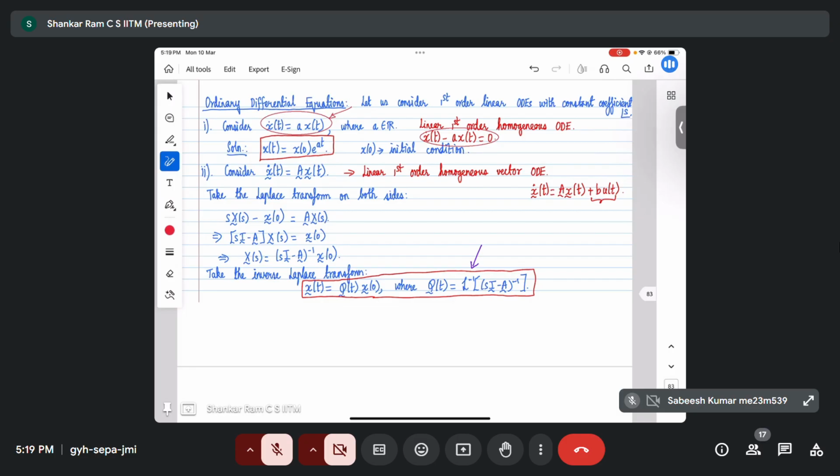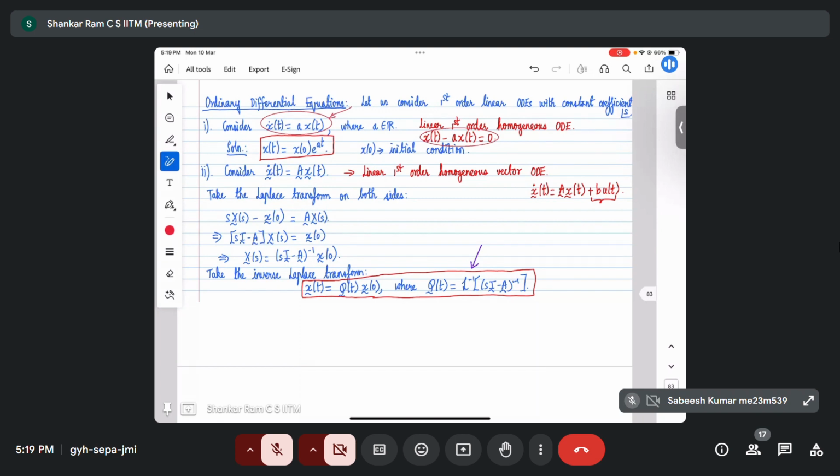In fact, the correct way to look at homogeneous ODEs is that there is no forcing term or forcing function. You can see that even when you take mx double dot plus cx dot plus kx equals f, f is the forcing term. But if f is 0, then we'll have only mx double dot plus cx dot plus kx equals 0.